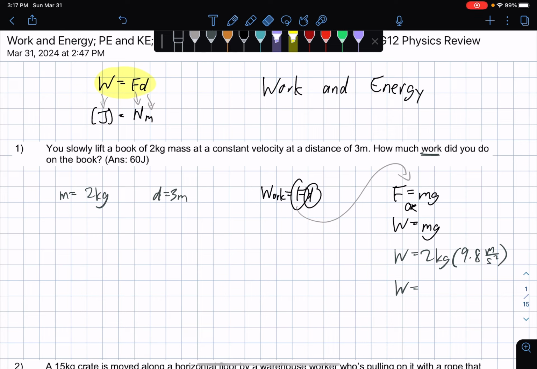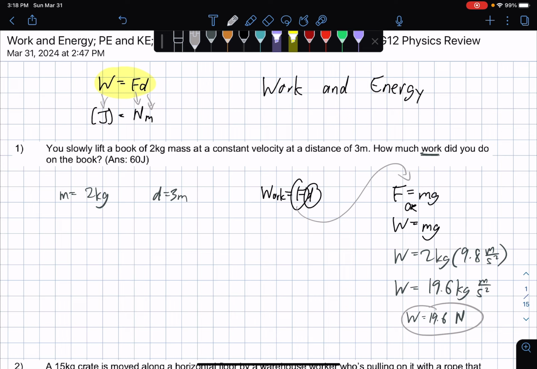So 2 times 9.8 is equal to 19.6 kilograms times meters per second squared. This entire thing can be written as N, or newtons, since newtons is also kilograms times meters per second squared.